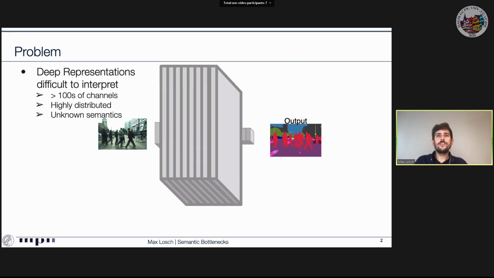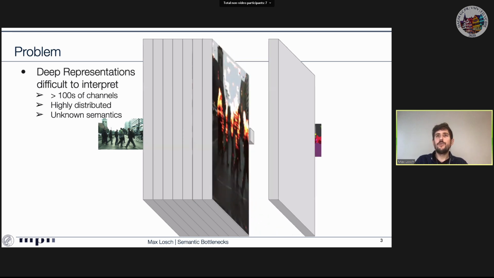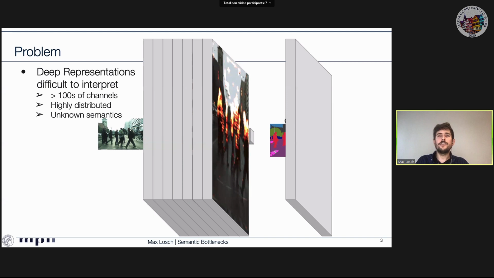Let's have a look at a couple of examples here for this particular network. If we look at one of these channels, then we can see that there's a strong activation for the upper torso of persons, seemingly suggesting that the semantics of this particular channel is something related to persons. But we can also see that in the upper region there are strong activations for the sky.